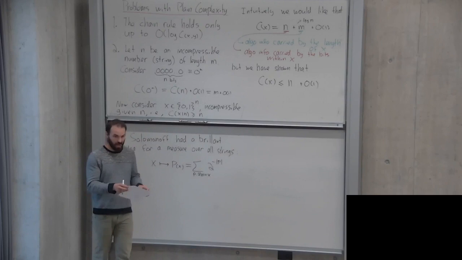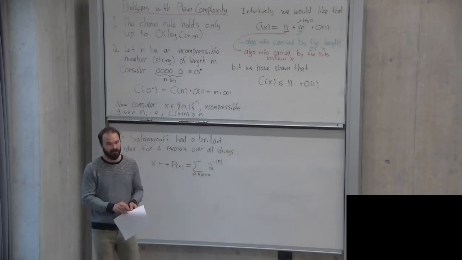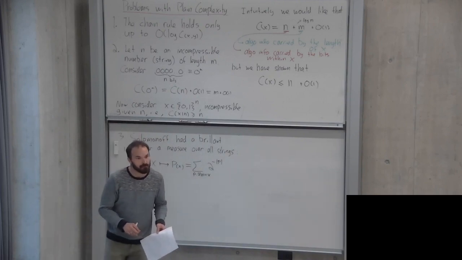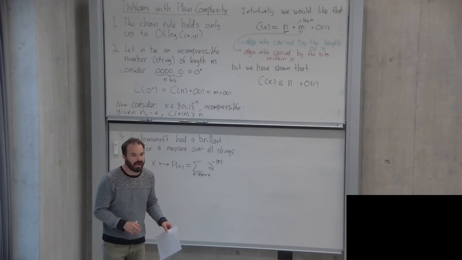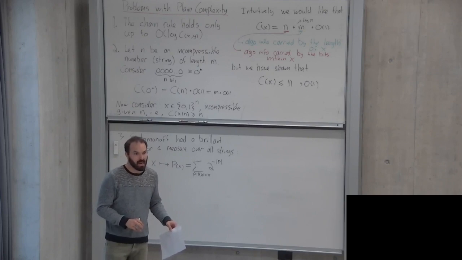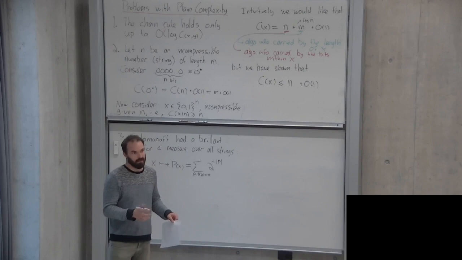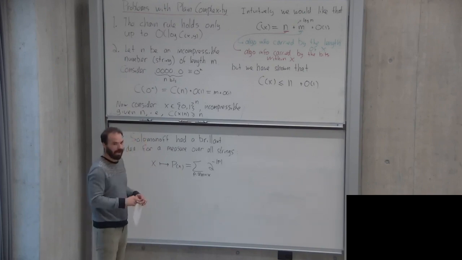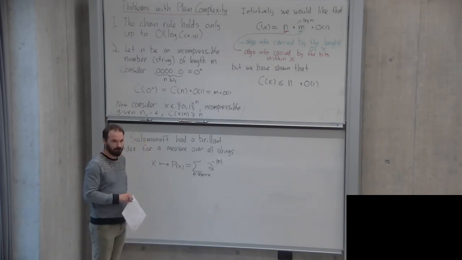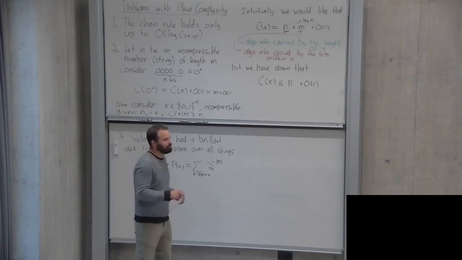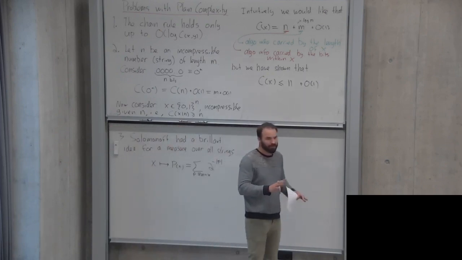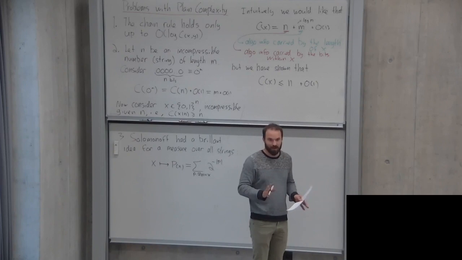So the monkey cannot delete characters. It can only read forward. It cannot delete a letter. We take our alphabet of symbols to be binary.